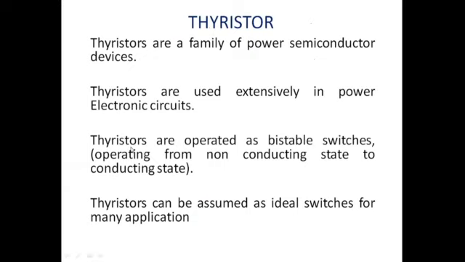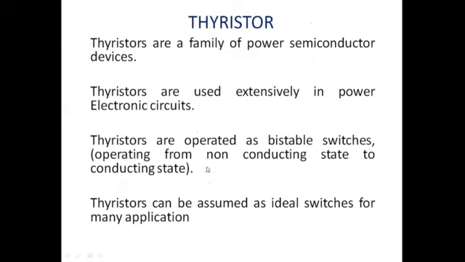Thyristors are operated as bistable switches, or two stable switches: one is open and one is closed. When it is acting as an open switch, there is no current flow through the device. When it is acting like a closed switch, it will ideally act like a conductor.